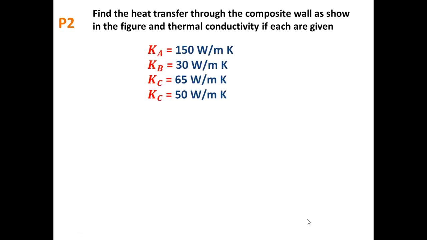Now note on the problem, a very important problem for you guys. The examination problem: find the heat transfer through a composite wall as shown in the figure, where thermal conductivities are given as Ka, Kb, Kc, and Kd.